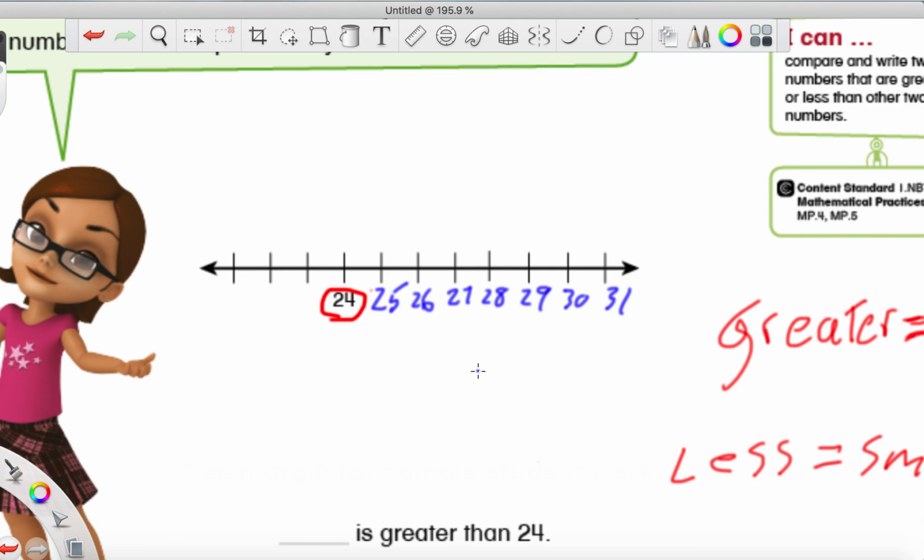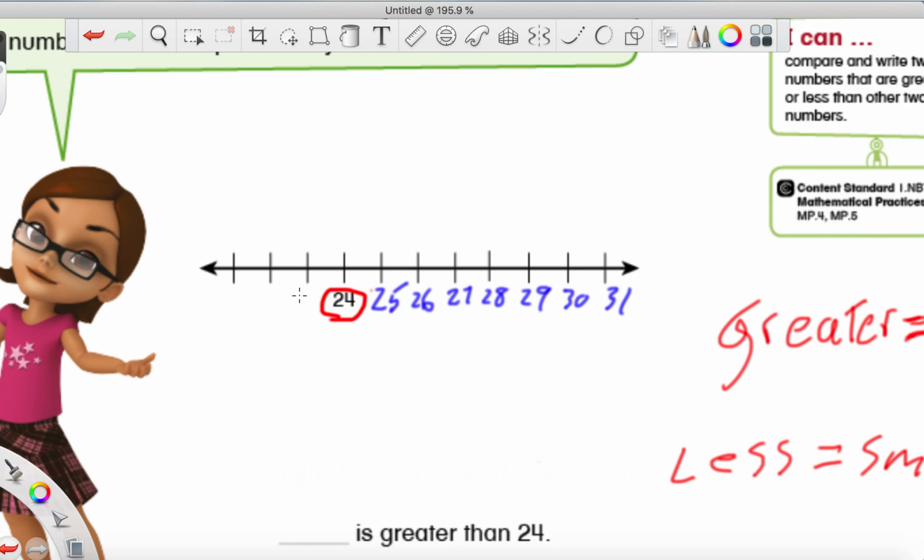Okay, but now we also have to write the numbers that are smaller than 24. So go ahead real quick and write those smaller numbers. Alright, did you write those smaller numbers? Alright, let me write them down too so you can always check your work.